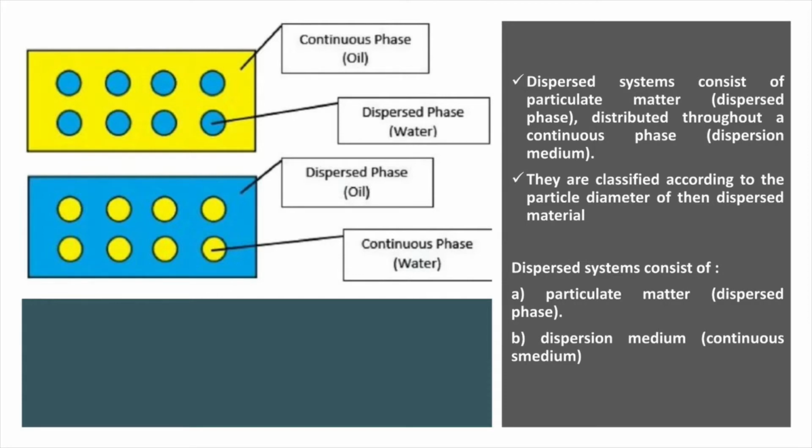Now you can understand that monophasic refers to the solution phase, biphasic refers to the suspensions or the emulsion phase. So the whole story is about the particle size. When we talk about the colloidal dispersion, it is between these two phases. It is basically a monophase whereby your particles are dispersed into your dispersion medium.